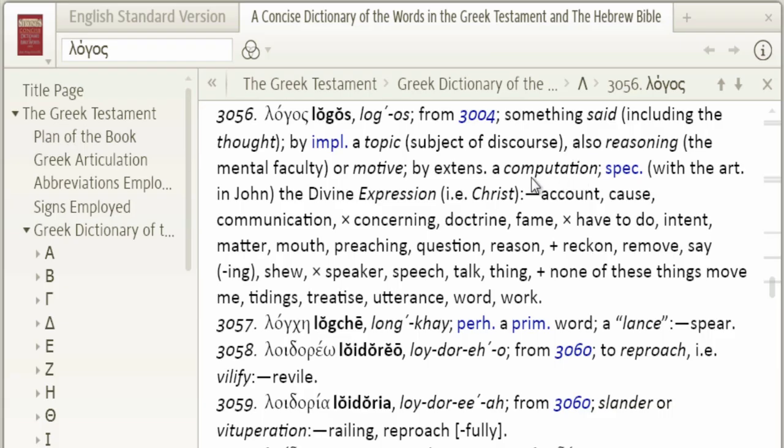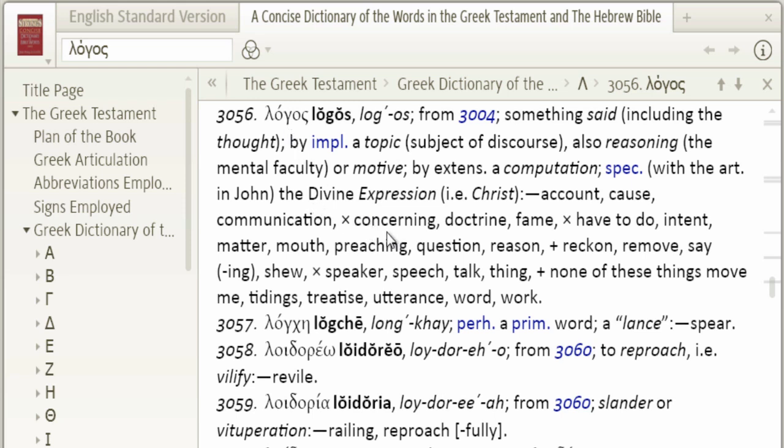These expressions here, for example, of the Christ found in the New Testament, different ways it's translated: account, cause, communication. But you notice that even though it's mentioning ways that this Greek word can be translated in the New Testament, you don't see any references.